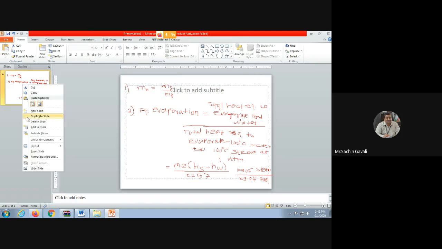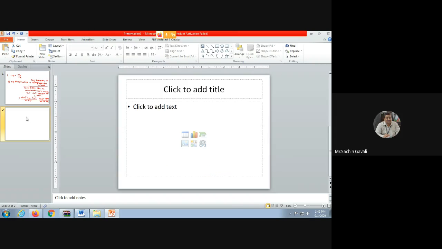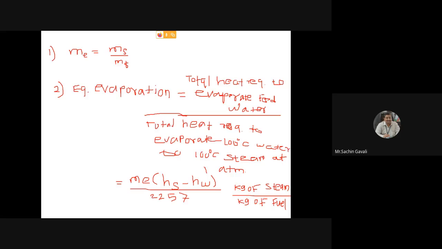Then on that day we also discussed the next parameter. In the last, third parameter we discussed, what was it? Factor of evaporation.